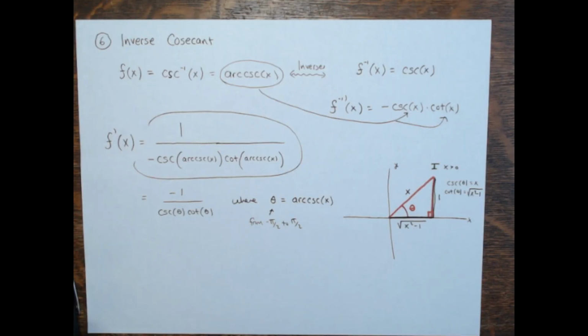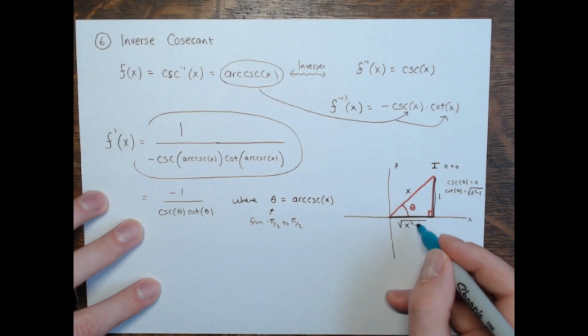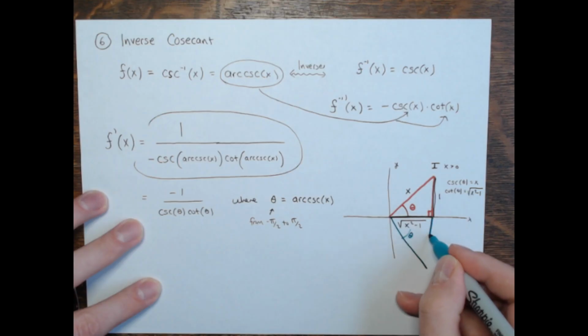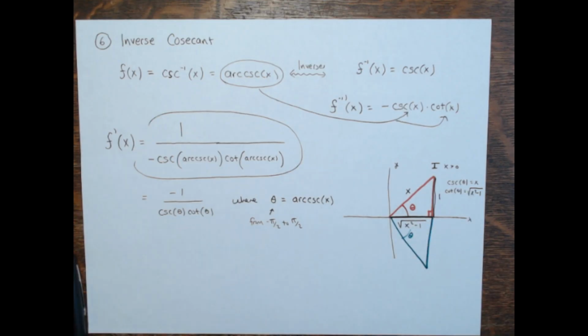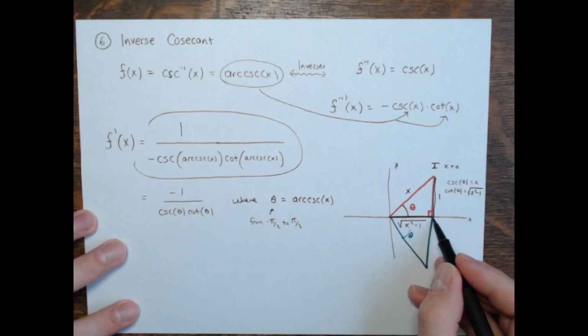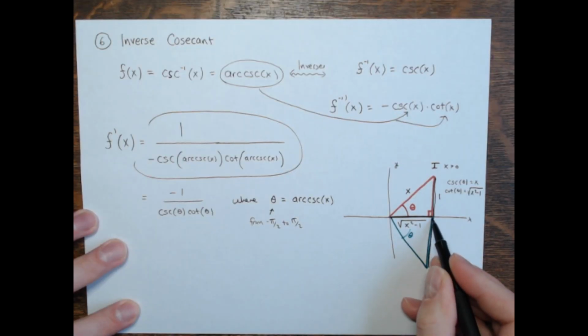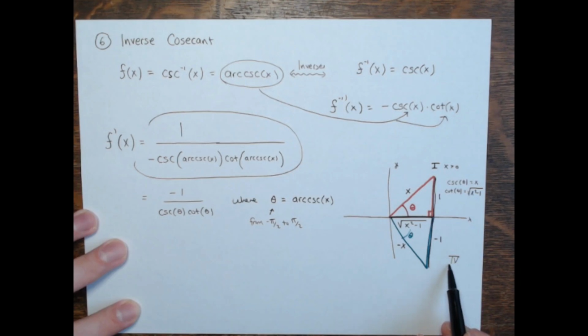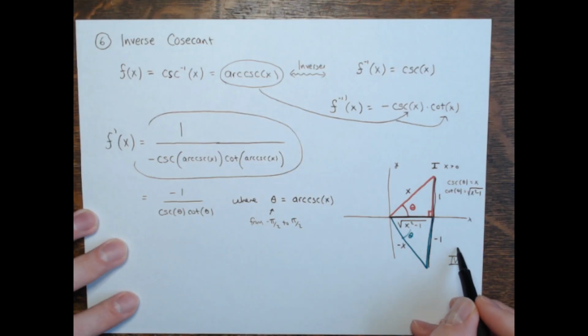Now if I'm in quadrant 4, so I draw my theta down here, draw a similar picture like this. Now this vertical length we'll call -1. So I have to call the hypotenuse negative x? Because here in quadrant 4, x's are positive.